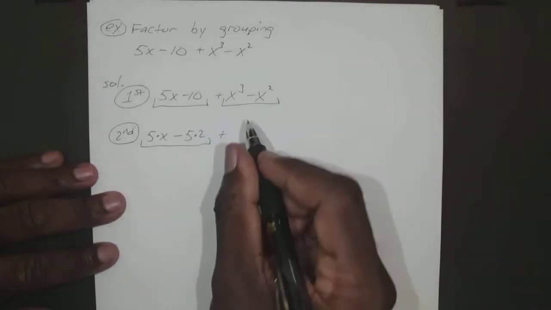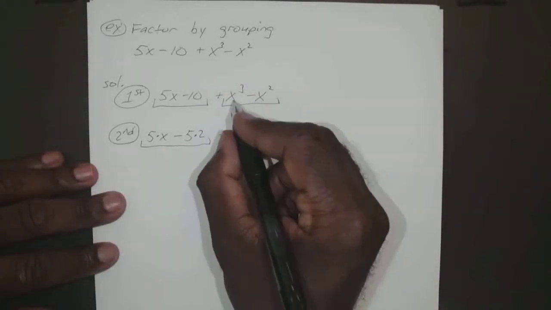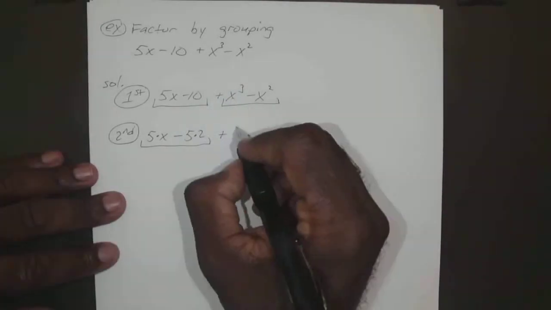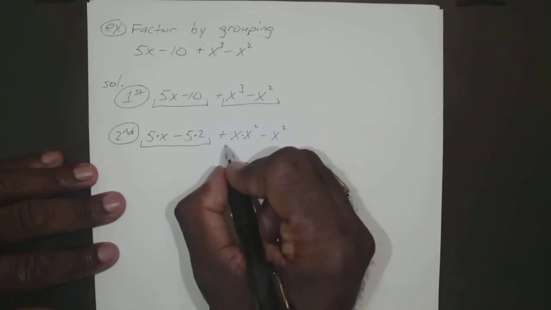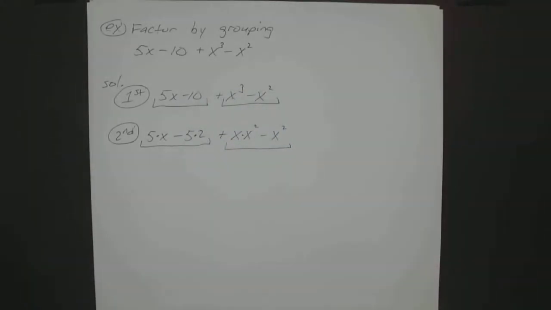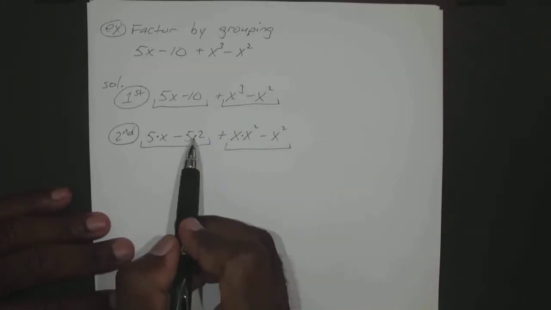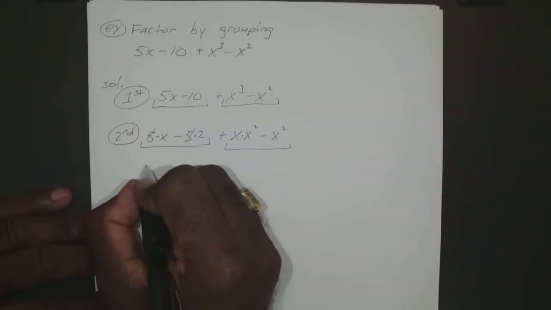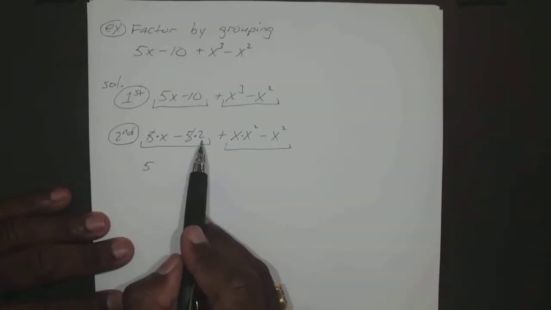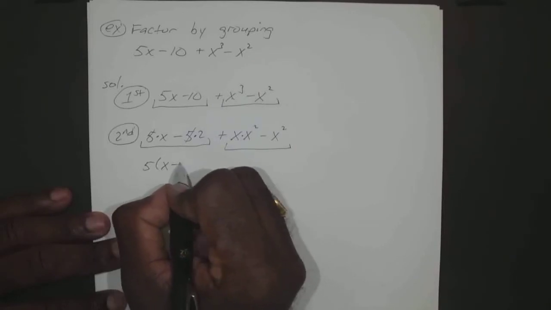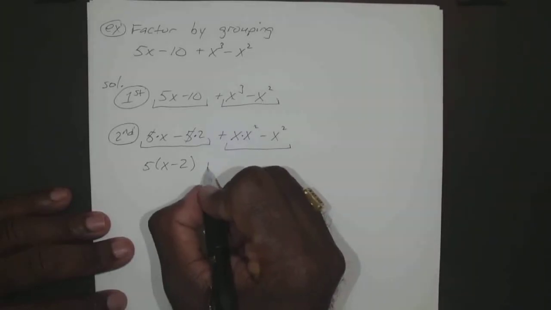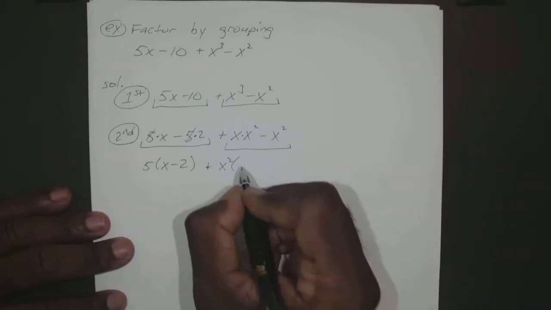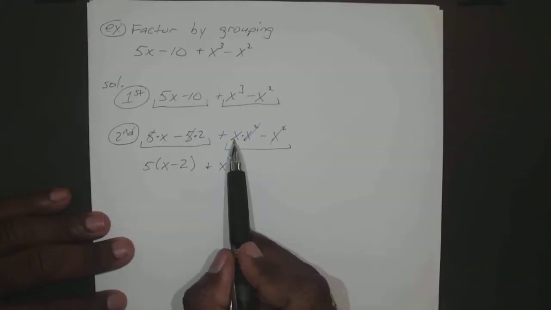Okay, so plus, you have an x squared there, which means you can make this x times x squared minus x squared. Okay, so here you can factor a 5 out of both of those, and that leaves you with x minus 2. For this one, you can factor an x squared out of both of those, which leaves you with x minus 1.